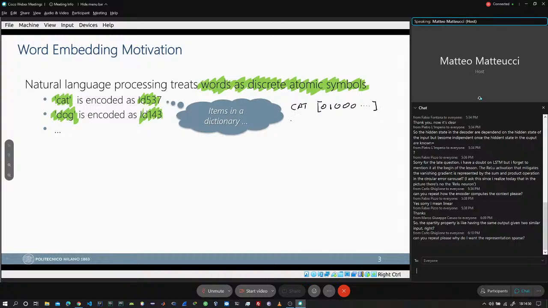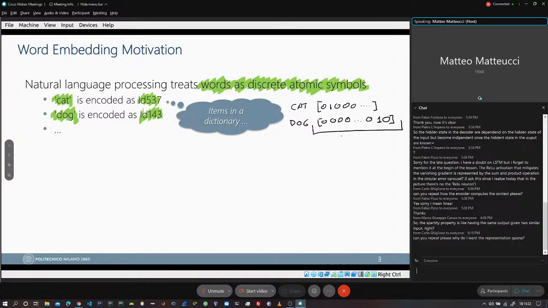If you have the word dog and it happens to be the one but the last of the dictionary, you will have a set of zeros, then 0, 1, 0. So this is the word dog. You see immediately one of the problems of this encoding, which is that encodings are very, very long.